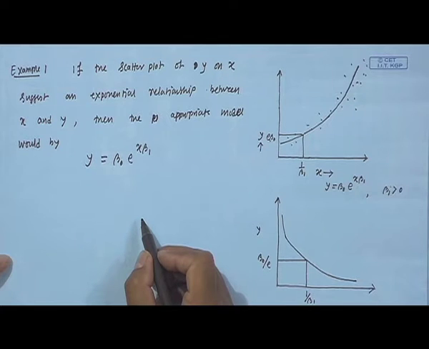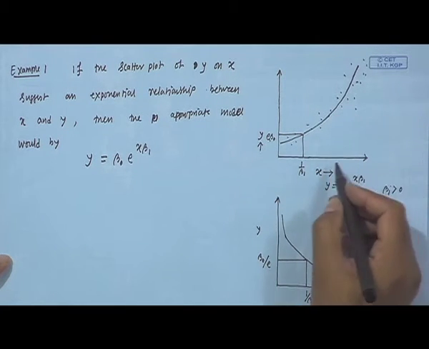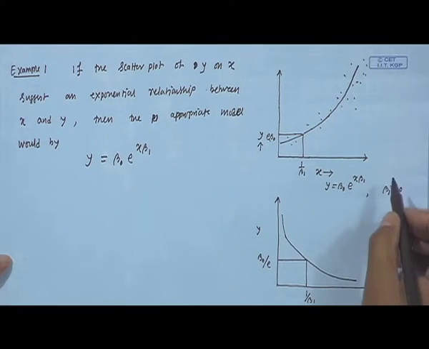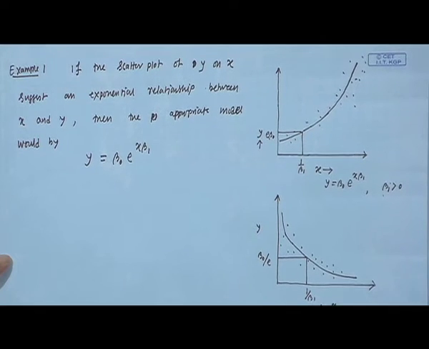Okay. And this is the exponential relationship between y and x when beta 1 is greater than 0, and it could be like this also. This also suggests an exponential relationship between response variable and regressor variable, but here beta 1 is negative.